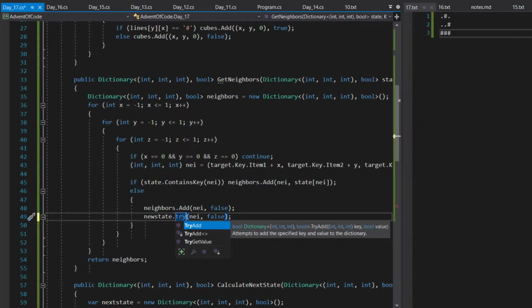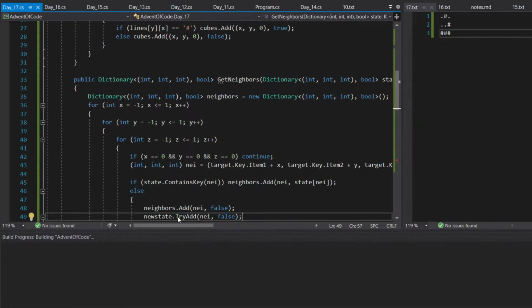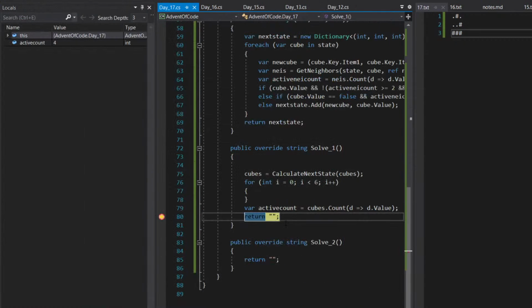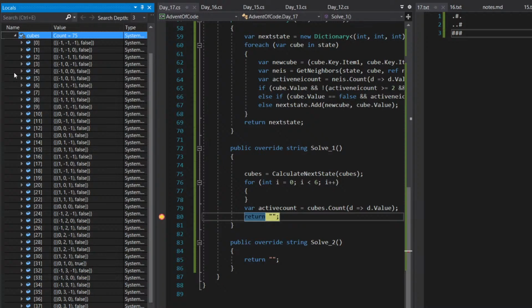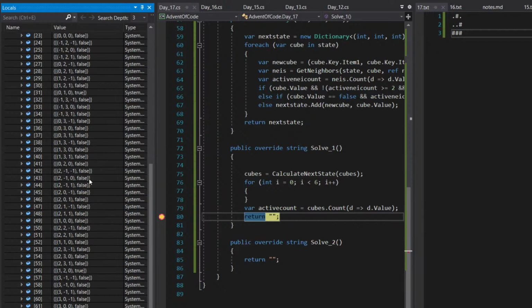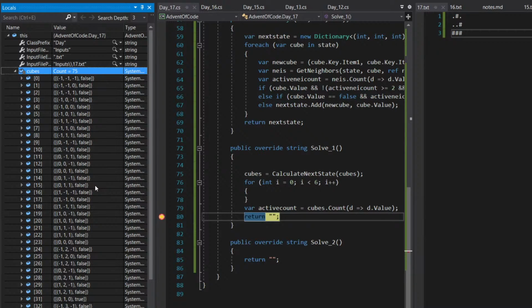What do we get? Active count of 4? Cube count of 75, which doesn't seem right. Or maybe it is.